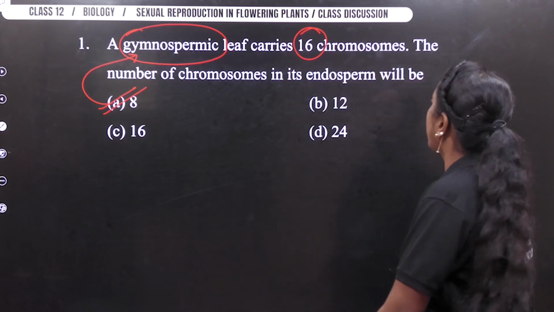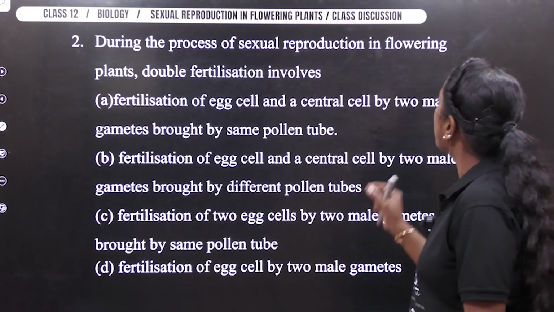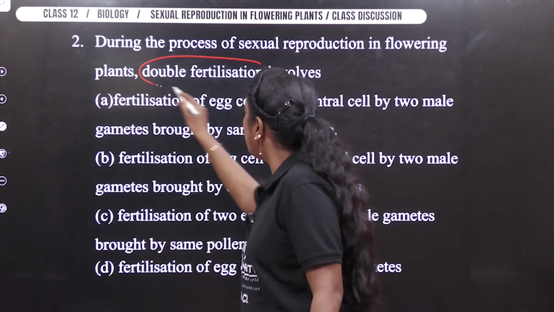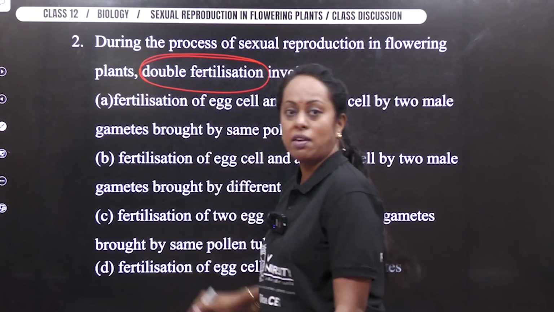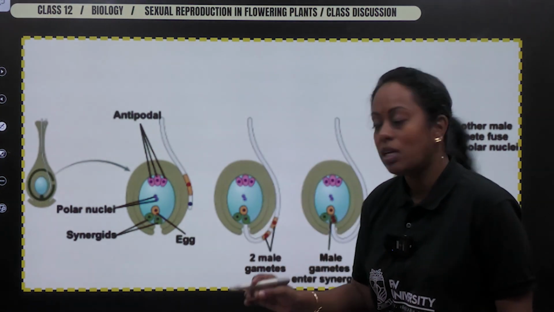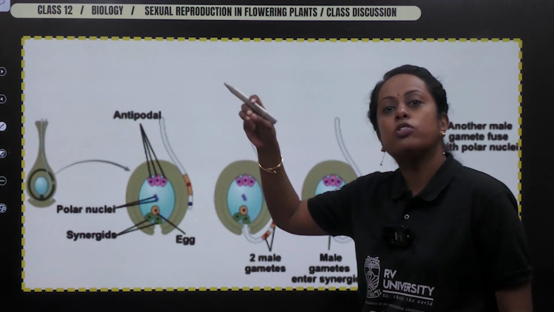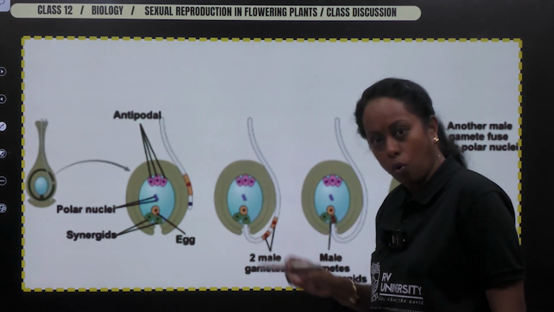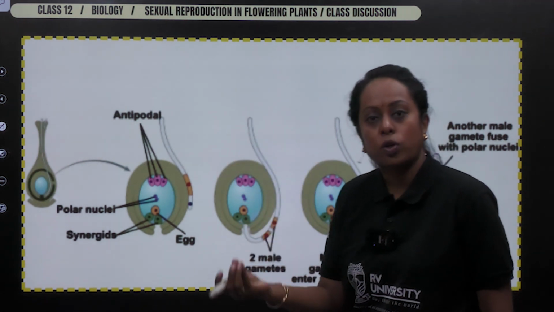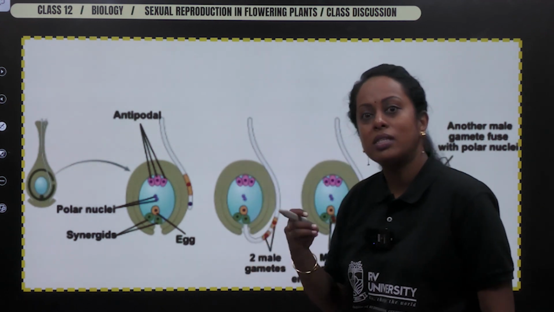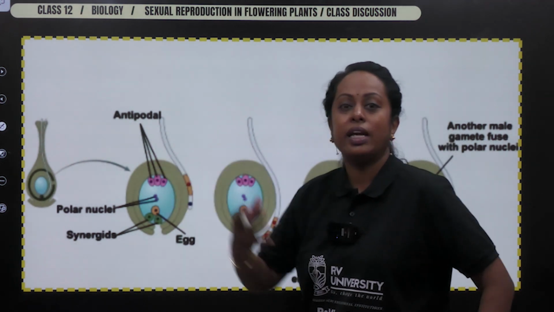Okay. Next question. During the process of sexual reproduction in flowering plants, the question is about double fertilization, which was given by Nawaschin. When we studied double fertilization, we knew that the pollen tube is going to pass through the stigma, style and the ovule towards the micropyle, and the synergid's filiform apparatus enables it to pass into the embryo sac.